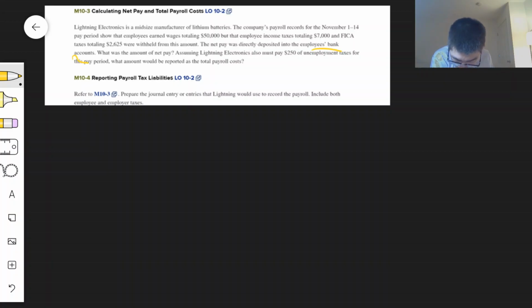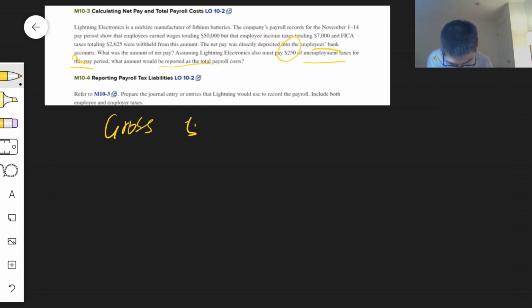What is the amount of net pay? Assuming the company also paid $250 of unemployment taxes for the period, what is the amount to be reported as the total payroll costs? So, the gross salary.